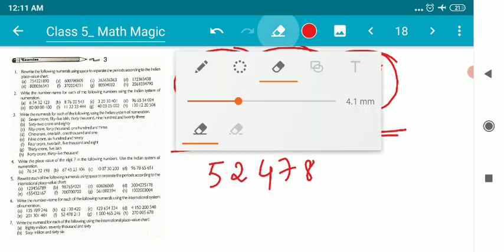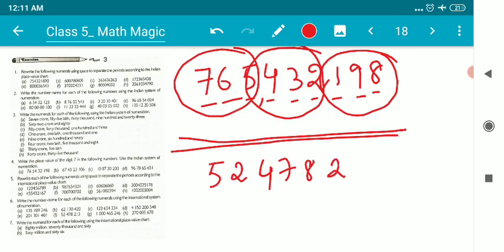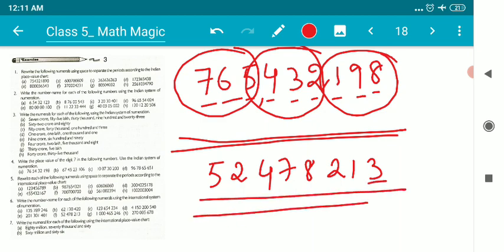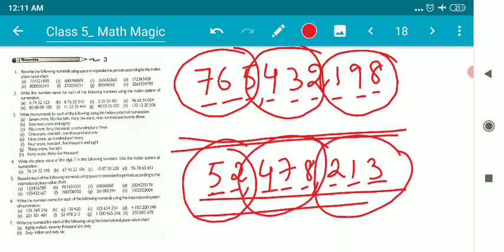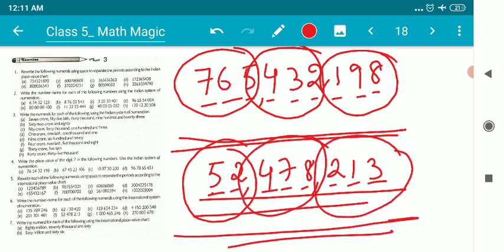Children, this number is ones, tens, hundreds, thousands, ten thousands, hundred thousands, million, ten million. So this is 52,478,213. This is how we need to write this number. I hope it's clear to everyone. If there are any doubts and confusions, please let me know.